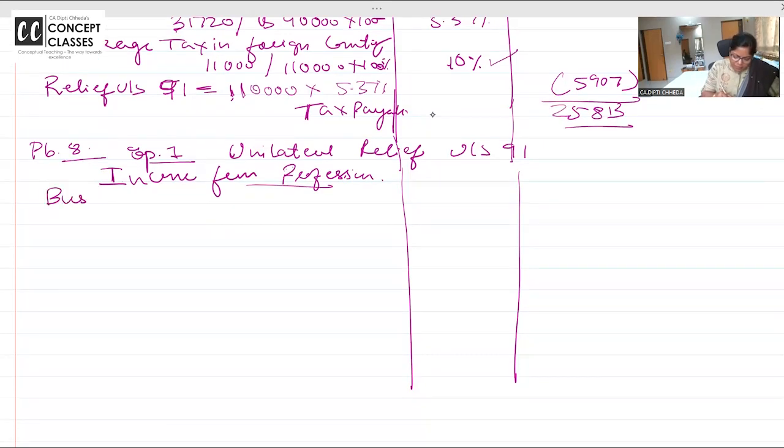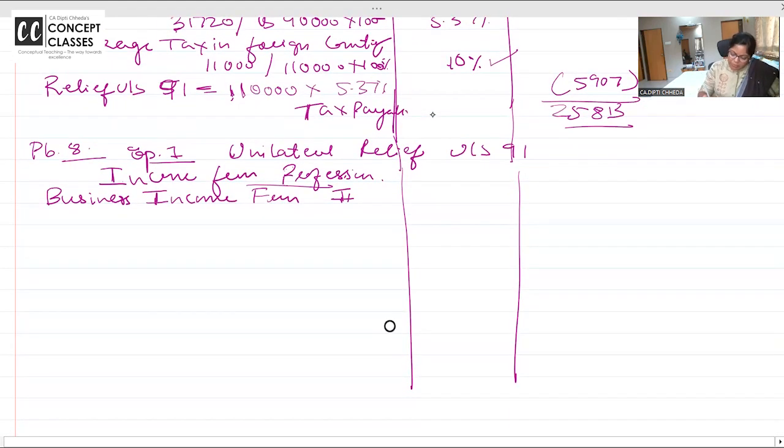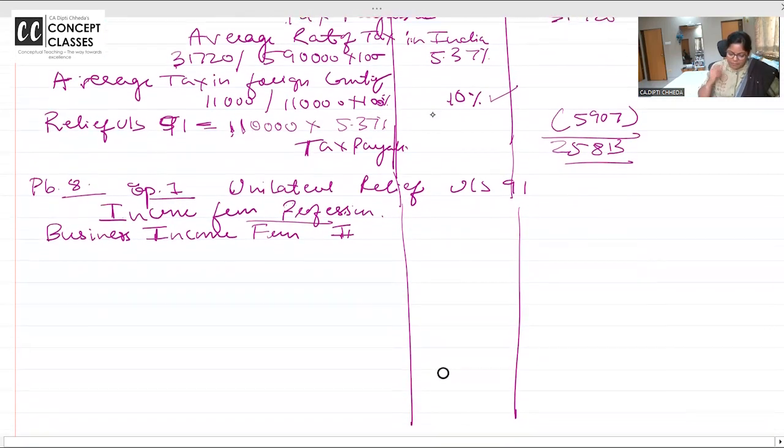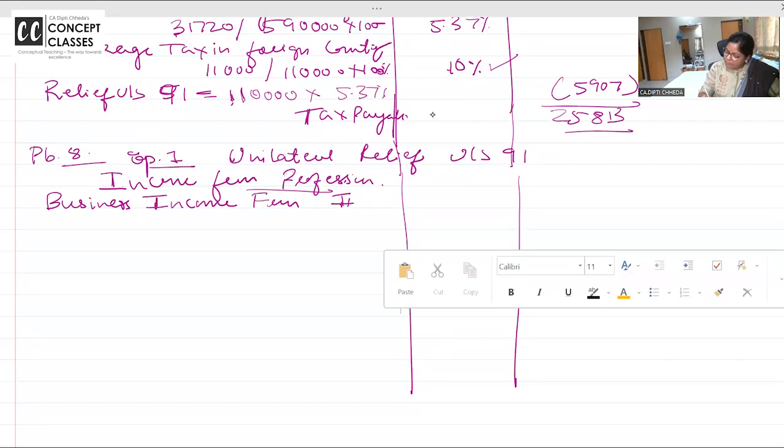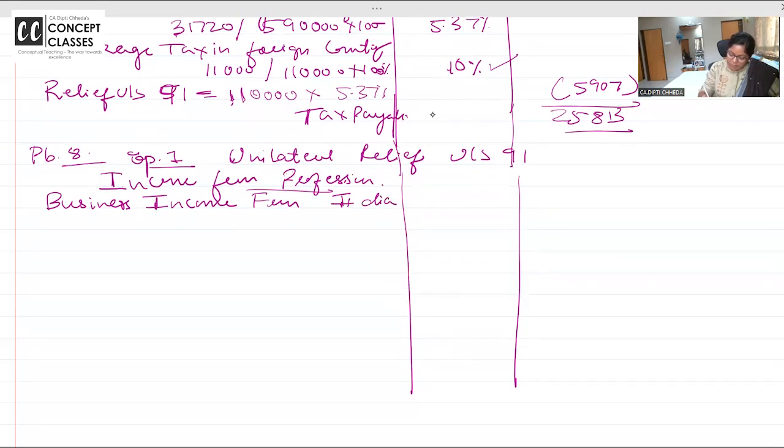Now business income from India. ठीक है, कितना है? 3,25,000.